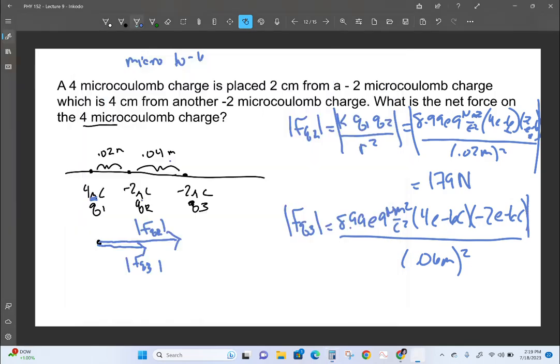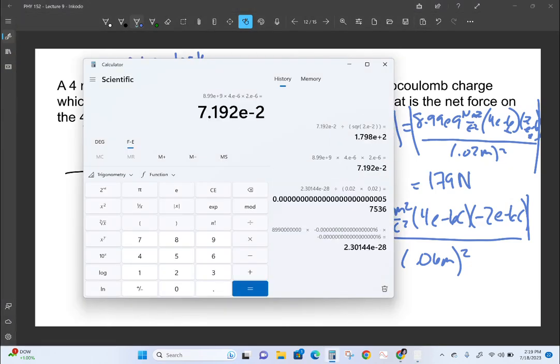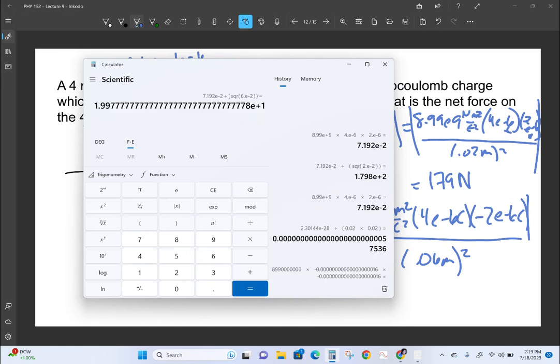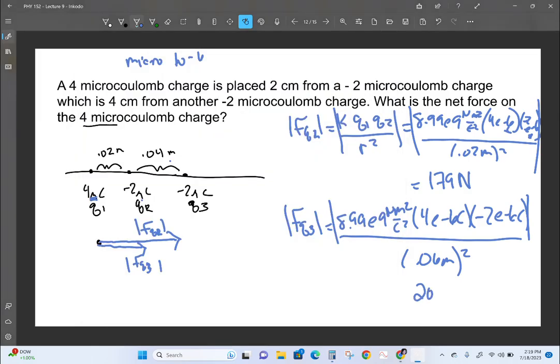Once again, I'm just finding the absolute value of these things. And then I'm going to divide them by the quantity 0.06 squared. And that's going to give me 1.997, or 2.0 e to the 1. So that's going to be 20.0 newtons.